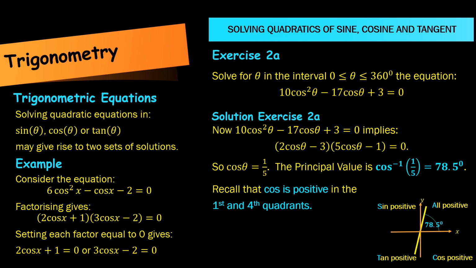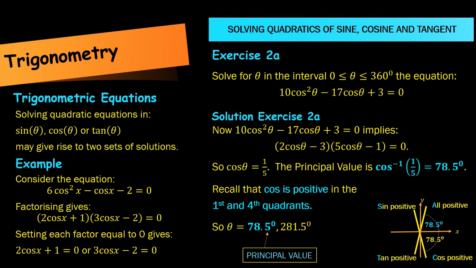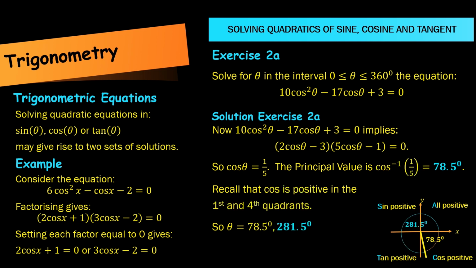So the angle is either in this quadrant, the first one, or the fourth one. So theta equals 78.5 degrees, which is the principal value, or 281.5 degrees, which is 360 degrees minus 78.5 degrees.